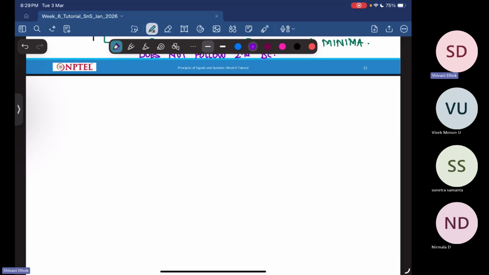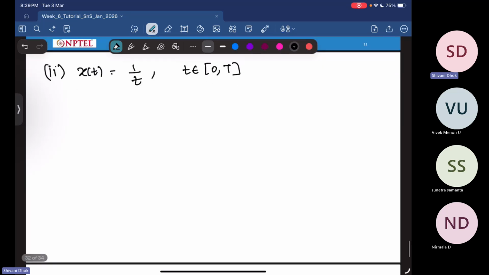So the second signal is 1 by t. So this is x of t is equal to 1 by t, for t belonging to 0 to capital T. So how does the signal look? It does not include 0.